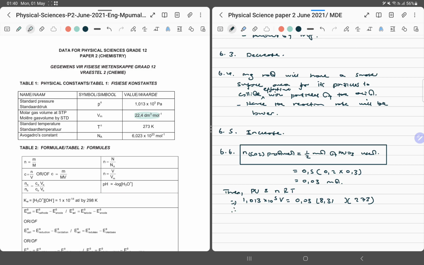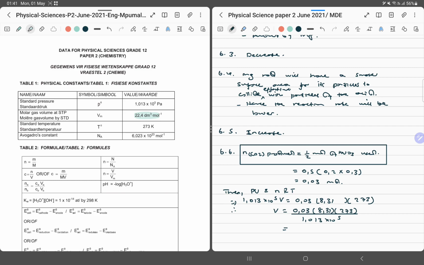So therefore our volume is going to be 0.03 into 8.31 into 273, all of that divided by 1.013 times 10 to the exponent 5. And this will give us the volume in decimeter cubed, because the kelvins will take care of each other.